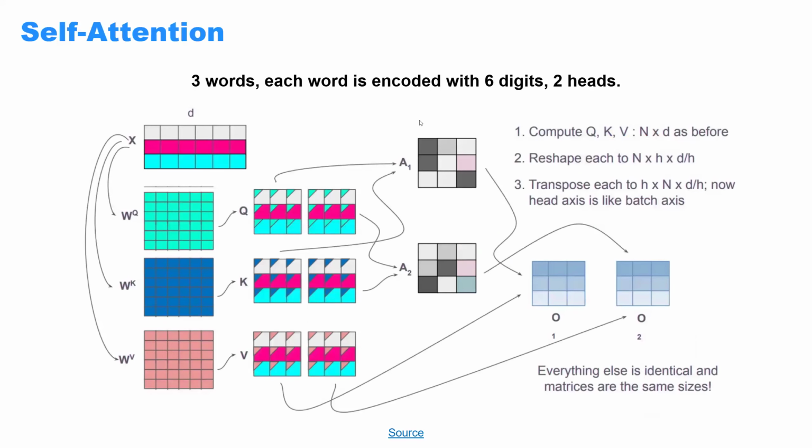What is a head in multi-head self-attention? We can divide our data vector into parts. So, for example, the first three digits of our vector describe the punctuation of our text.